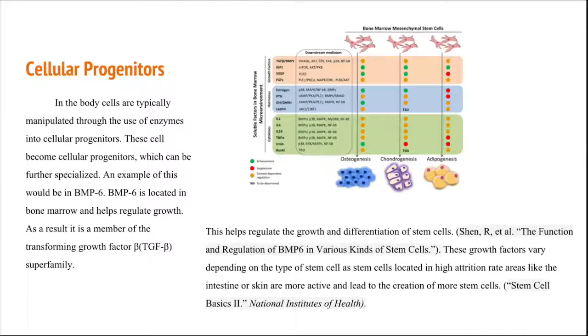The progenitors are like another step down, a kind of diversifiable cell. It's a bit complicated, but the point is that enzymes are used to help regulate stem cell growth and such.